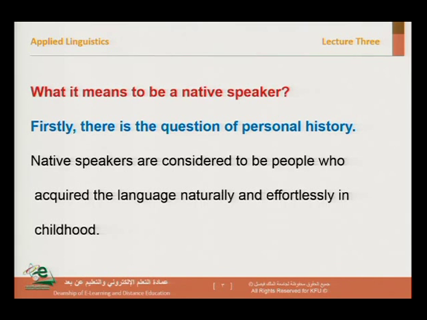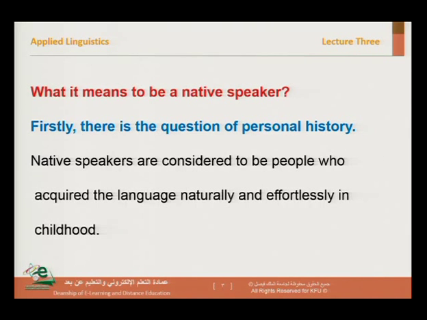Firstly, there is the question of personal history. You have got to know who this native speaker is. In this regard, native speakers are considered to be people who acquired the language naturally and effortlessly in childhood.